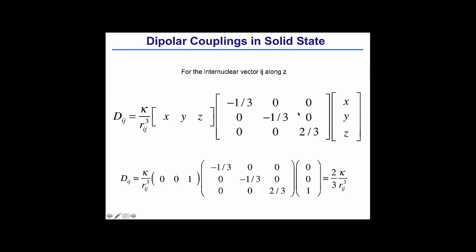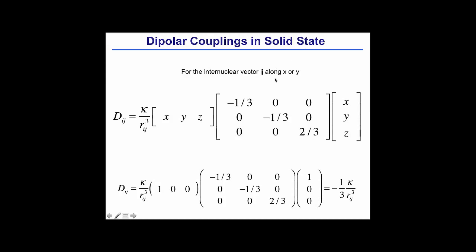This is beautiful. If we do this for the internuclear vector along X or Y, let's say X, this will be 1, 0, 0, and then 1, 0, 0, and the 0s will read these two values, 0, but this one will be 1 times minus 1/3 times 1.